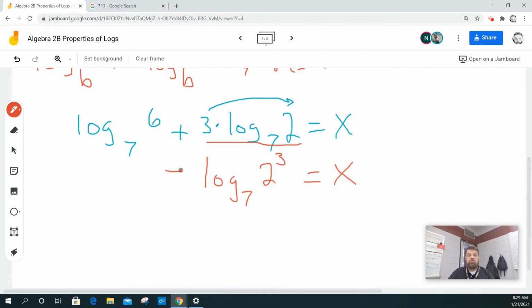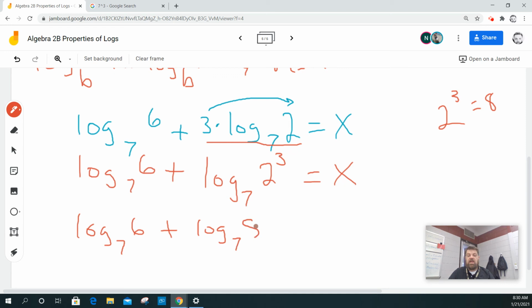So I'm just going to replace that with that. And by the way, 2 to the third power is 8, right? So what that allows me to do in the next line is I've got the log base 7 of 6 plus the log base 7 of 8 is equal to x.